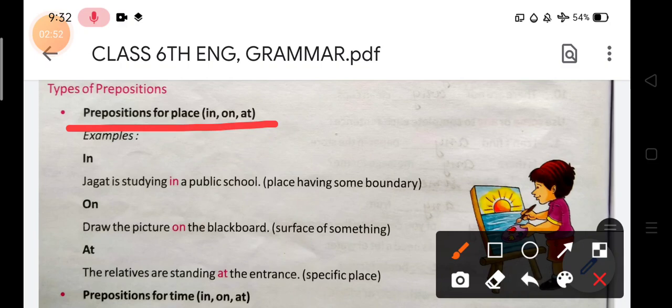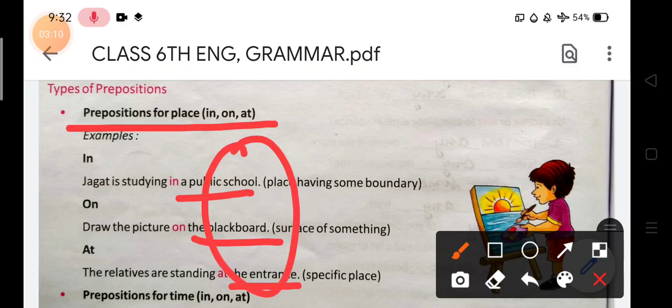As I have told you already, prepositions for place: in, on, or at. Example: Jagat is studying in a public school. You have seen that this is a public school, a place. In the background, this is also a place, and at the entrance, this is also a place. For these places, as I have mentioned, you have seen that a preposition is used here, in, here, on, and here, at.